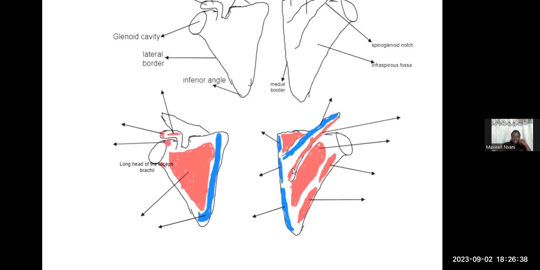What's attached there? I told you the long head of the biceps brachii, while the infraglenoid tubercle, I told you, the long head of the triceps brachii, etc. So you could pause at this point and try to see how you could label this diagram, because they could keep the bone for you and paint anywhere for you to identify. And then the B portion is what attaches there, okay?